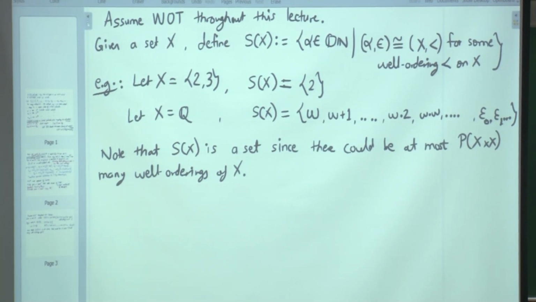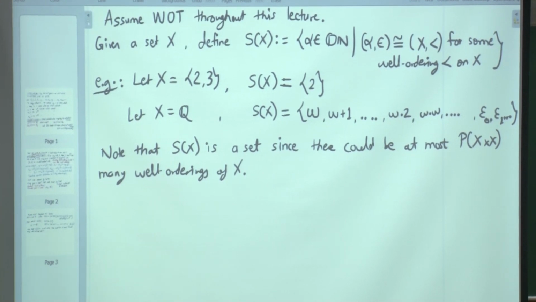X is a set, so X cross X is a set, so power set of X cross X is a set. Our usual argument. So therefore S of X is a set. Why is S of X non-empty?